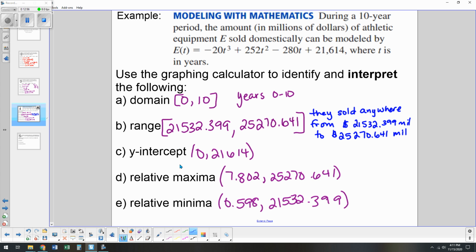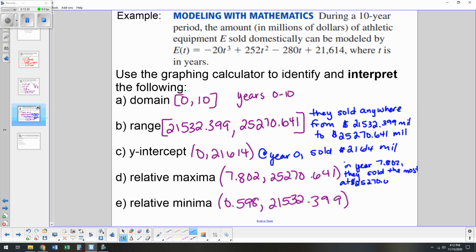The y-intercept means at year 0, they sold 21,614 million. The relative maxima was in year 7.802. They sold the most at 25,270.641 million.